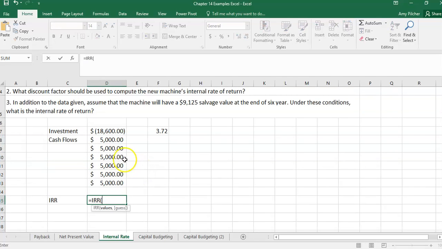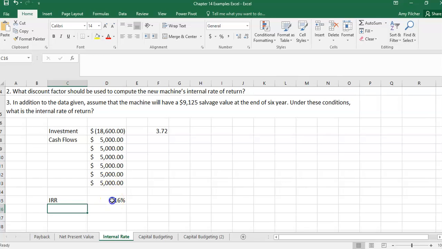So we put IRR parentheses, select all of our numbers, and equal. So the exact internal rate of return is 15.64%. Connect wants the number from the table. So if you're working on your homework, make sure you're using the tables that are in Connect available for you.